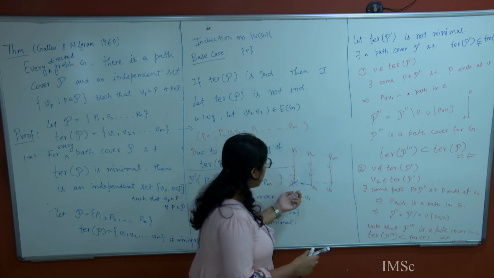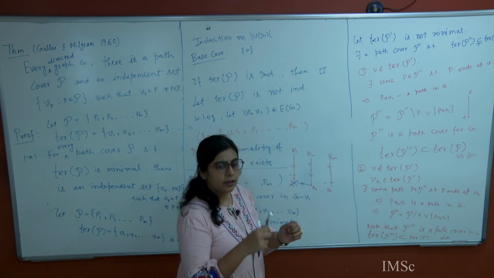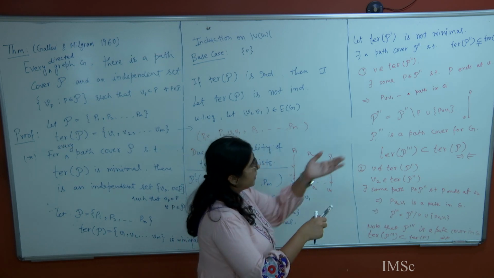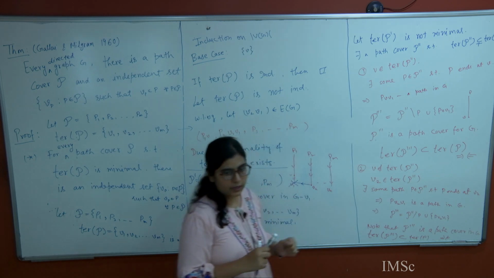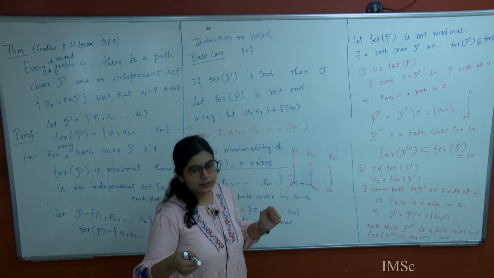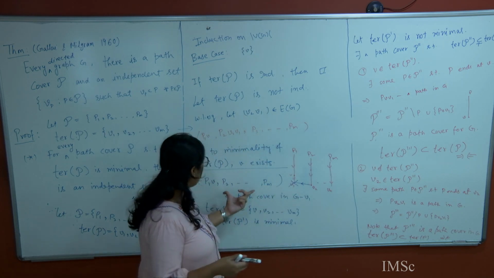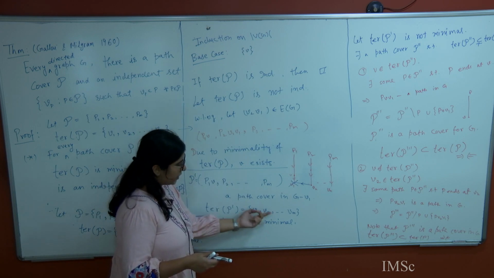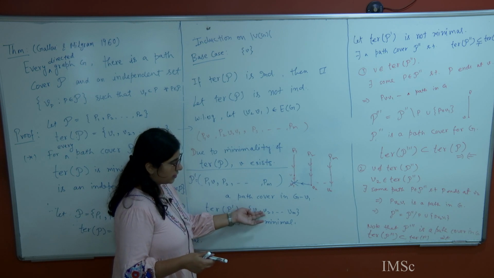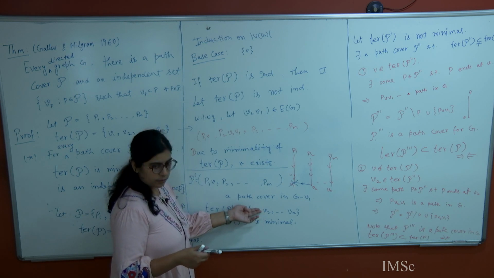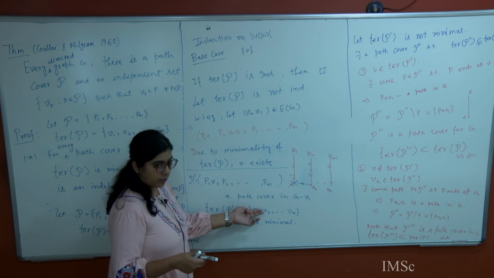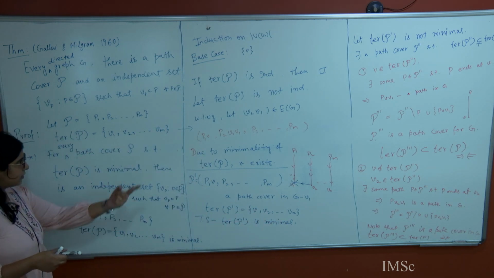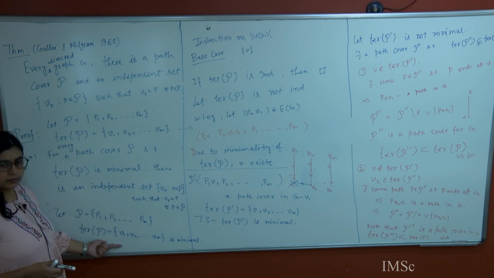So instead of V, now I have V1, and the remaining terminal set of P double prime is still a proper subset of the terminal set of P prime. V is not there, which means something is missing from this set, and that is why this will be a proper subset of this.